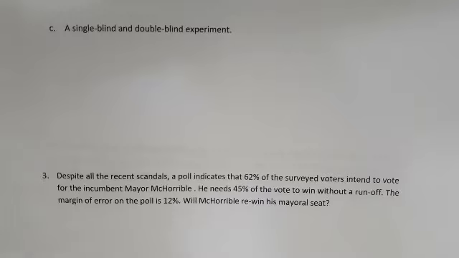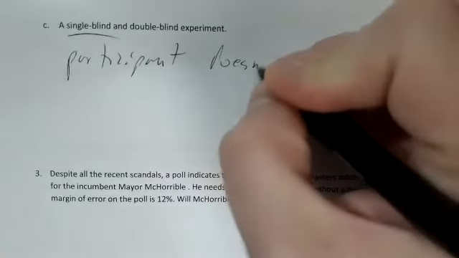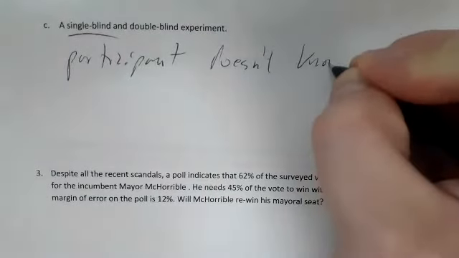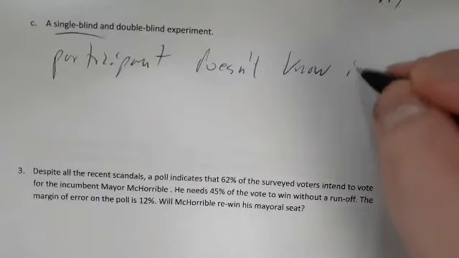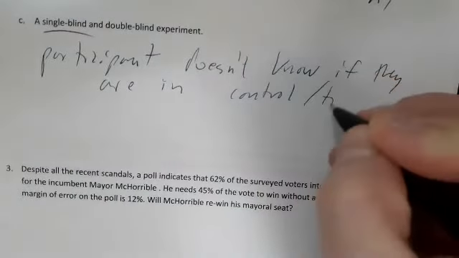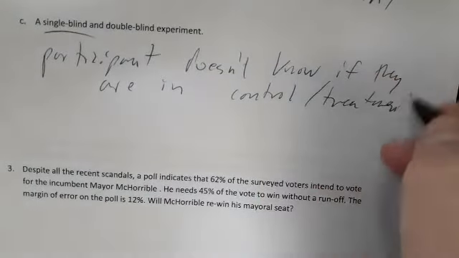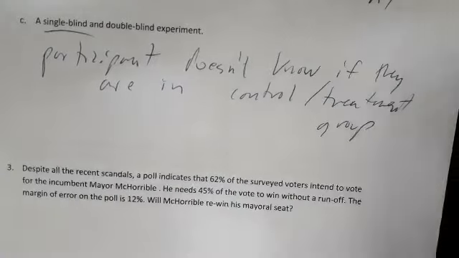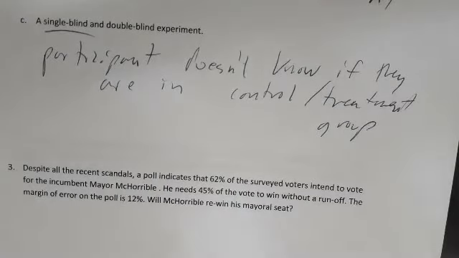So I think they say participants for the person. So in single blind, the participant doesn't know if they are in the control or treatment group.